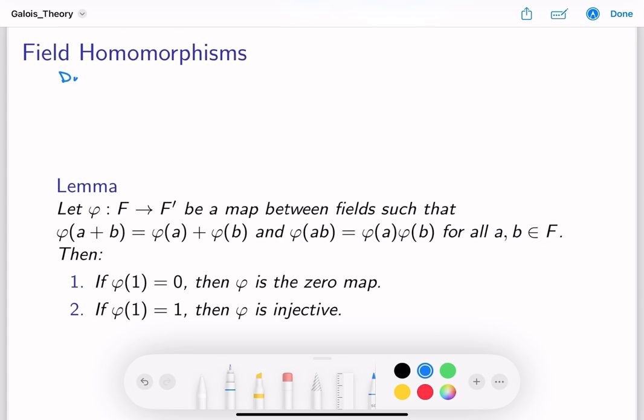Here's a definition for you. Let F and F prime be fields.